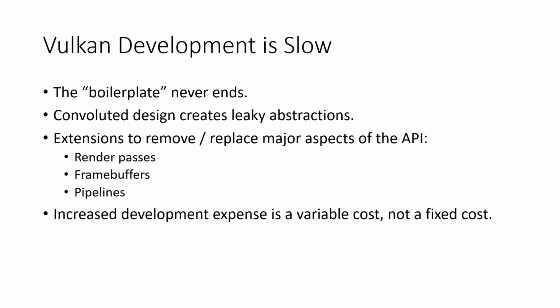I know that they weren't replaced. These are extensions. You don't have to use them. But these are major aspects of the whole design of Vulkan that were just basically ripped out and replaced. They're still there, of course. Yes, I know it's an extension, but same thing.